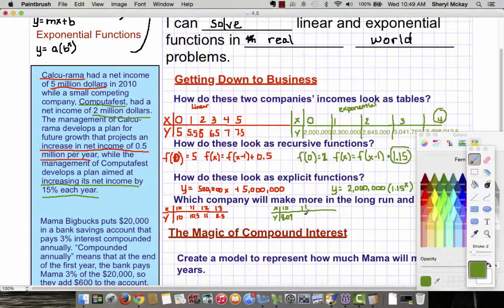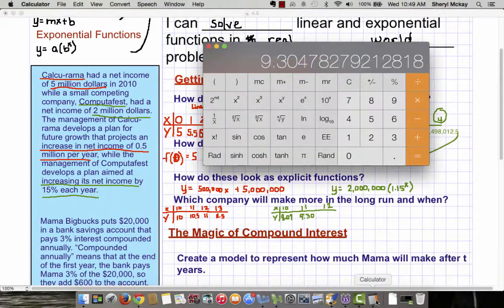So in year 11, 9.30 million is how much Calcurama, or Computafest, has made. And then in year 12, I'm going to multiply by 1.15, and I get 10.7 million.